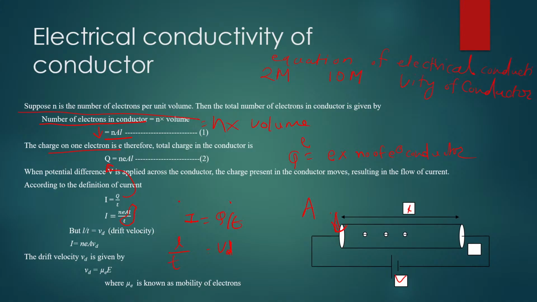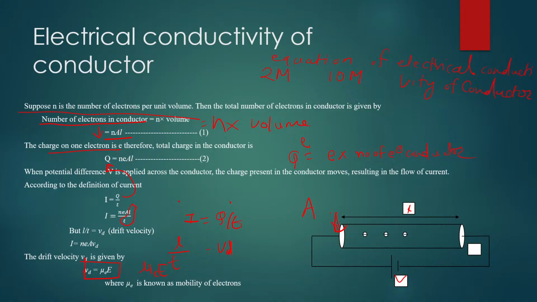Be calm and go through step by step. First find the number of electrons in the conductor, then the charge on the conductor, and then the current. Just this much is to be done. Then put L by t as v d. Then one extra equation you have to put, that v d is equal to mu E. That is the equation of drift velocity.